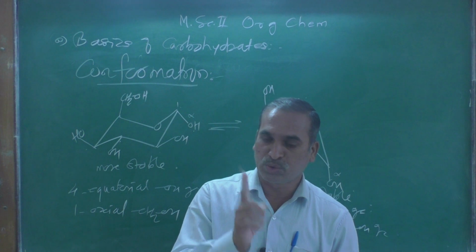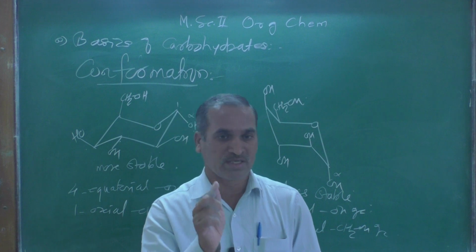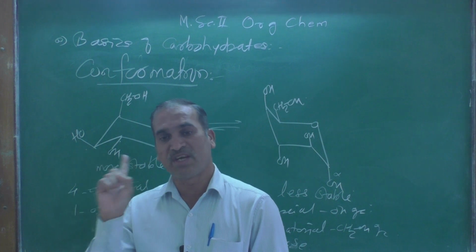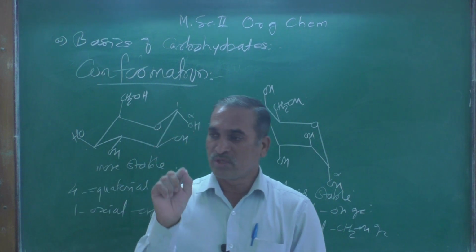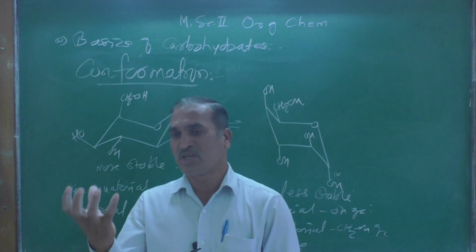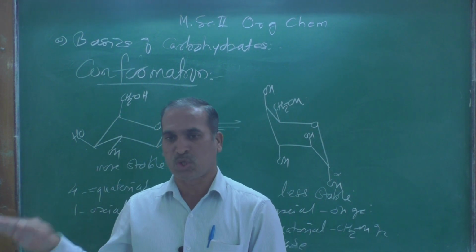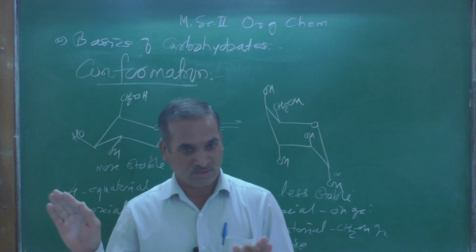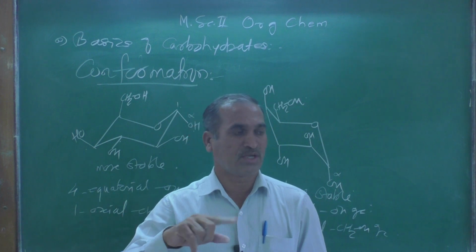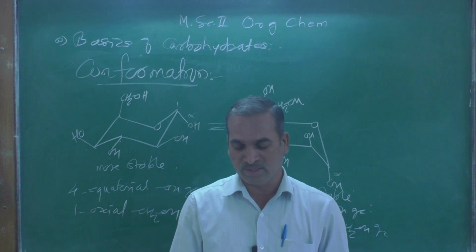But if they are converted into axial, when they become axial bonds, there are 1,3 diaxial interactions. 1,3 diaxial interaction means a lot of steric interaction, which increases the internal energy, and therefore the stability of that conformation goes on decreasing. If the group is very bulky, there is no change into another, meaning locking of conformation. In TYBSc you already learned these things.